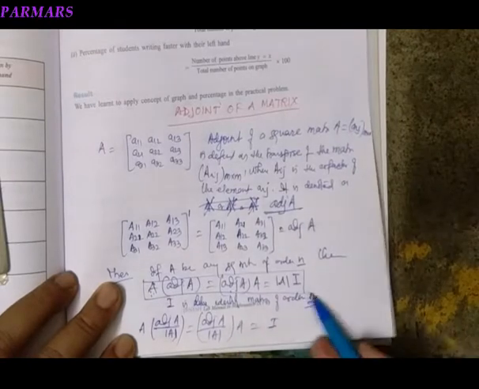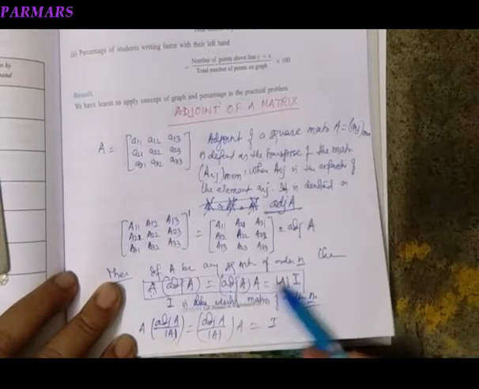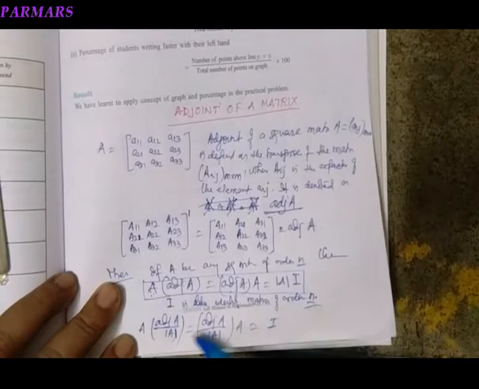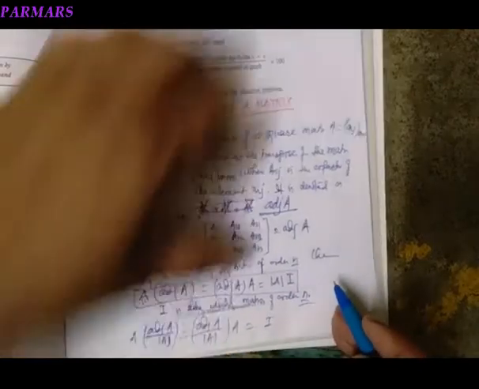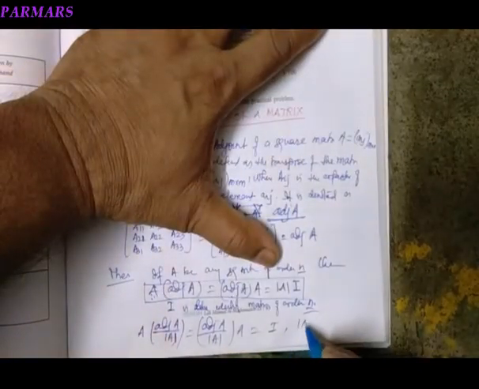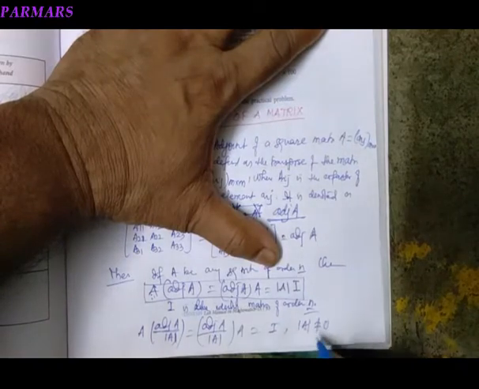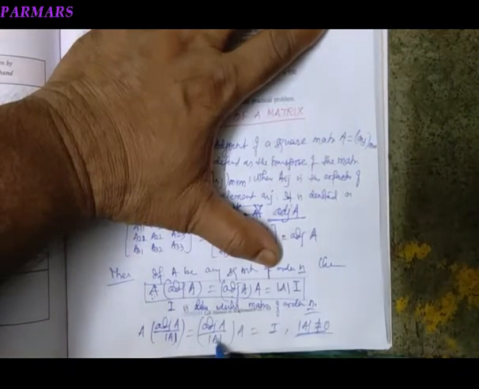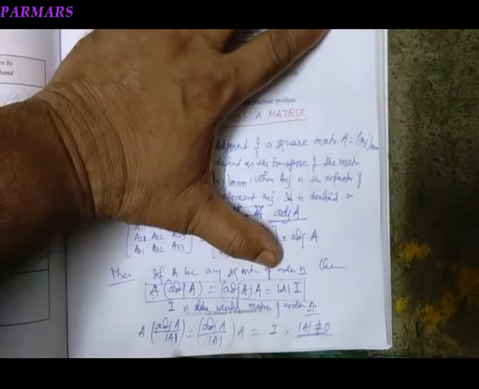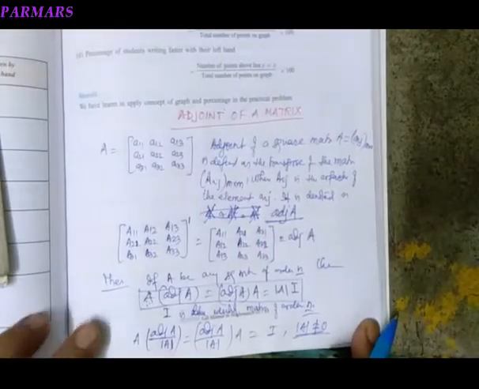What we have done is divide the whole expression by determinant A, and this is possible only when the value of the determinant is not equal to 0. Otherwise this division is not possible.